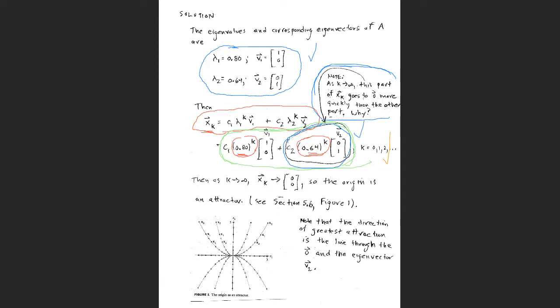But the second portion of the x sub k vector is going to disappear more quickly, because 0.64 to the kth power approaches 0 more quickly than 0.80 to the kth power. Are there any questions on that? Are we okay with that?